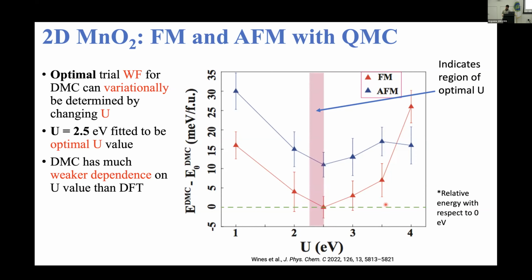So I think careful consideration needs to be done prior to really scaling up your calculations. You have to do very heavy benchmarking at the DFT level with several U values that are typical for the system, and then try to optimize the nodal surface and see if it physically makes sense. But I agree with you that using very high values of U like that, yielding the right result, might not be for the correct reason.